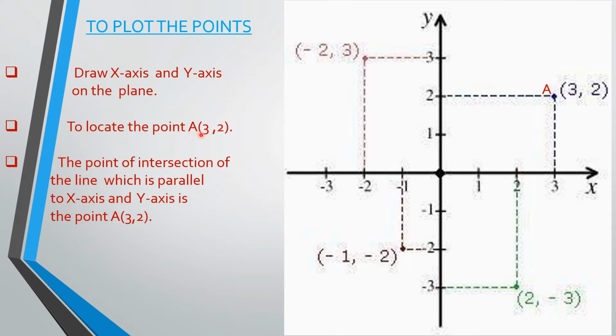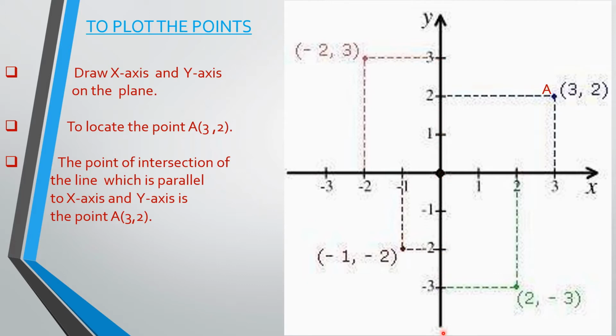First draw the x-axis and y-axis. On the x-axis, to the right of zero are positive numbers and to the left of zero are negative numbers. On the y-axis, above 0 are positive and below zero are negative.